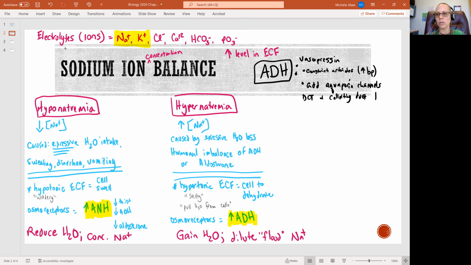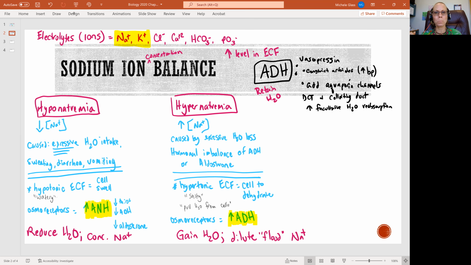And this is going to increase facultative water reabsorption. So what we're really saying here is retain water.